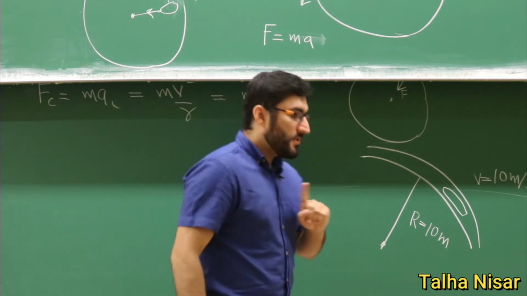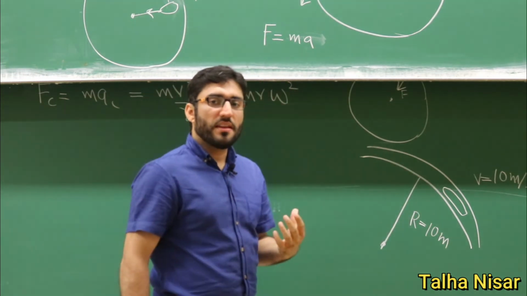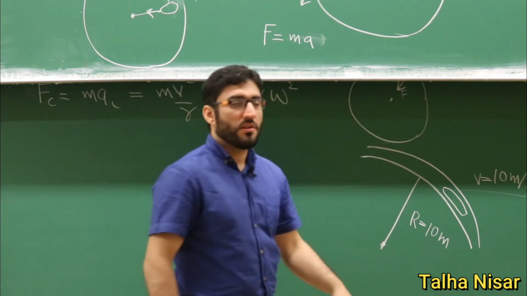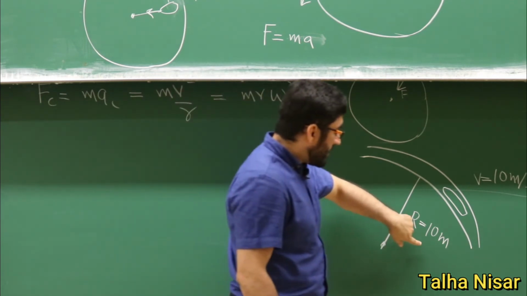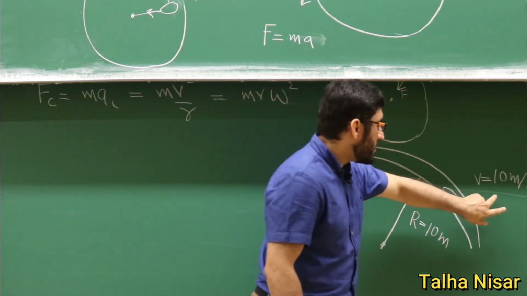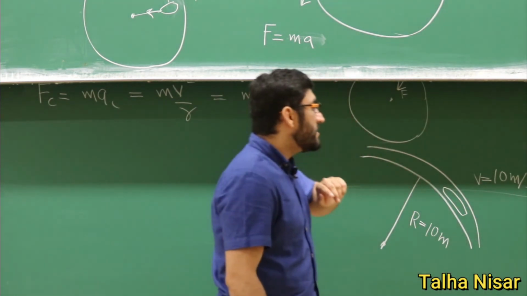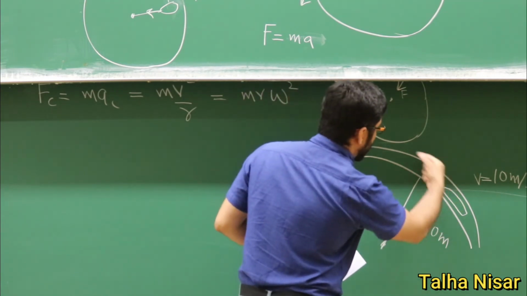Since we know that any object moving in a circular path must have a force towards the center, known as the centripetal force, we are asked, if the radius of this curve is 10 meters and the car is moving at 10 meters per second, what is the force causing this acceleration?